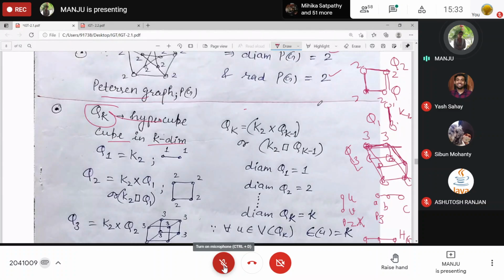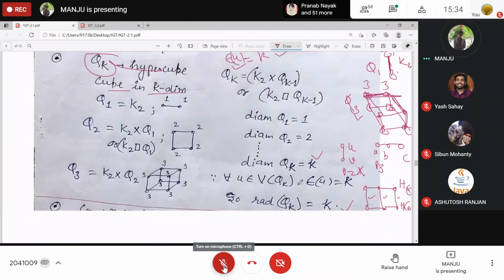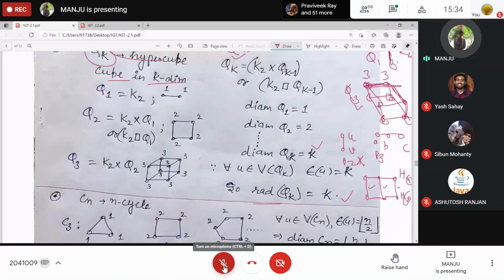In case of Q_K, it will be K, K. Q3 it is 3, 3; Q2 it is 2, 2; Q1 it is 1, 1. So in case of Q_K, the eccentricity of every vertex will be K. Understood? Clear? So diameter and radius will be the same. Maximum gives you the diameter and minimum gives you the radius. So radius and diameter are both K.